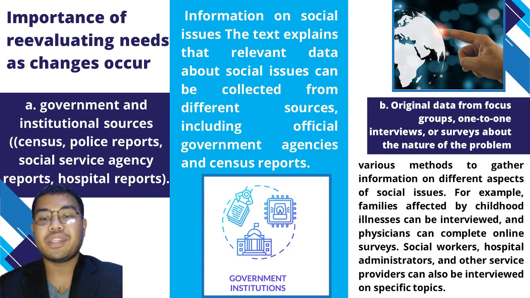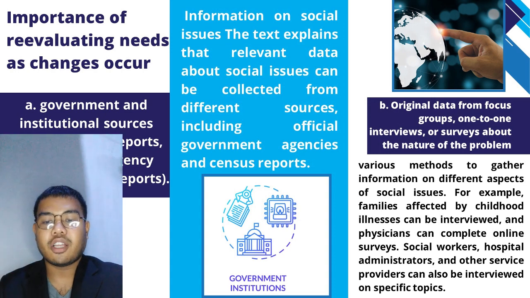Then let's move on with the second one, the original data from focus groups, one-to-one interviews, or surveys about the nature of the problem. There are various methods to gather information on different aspects of social issues. For example, families affected by childhood illnesses can be interviewed, and physicians can complete an online survey.